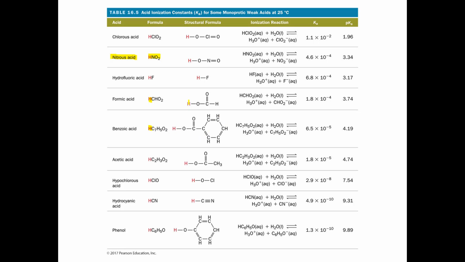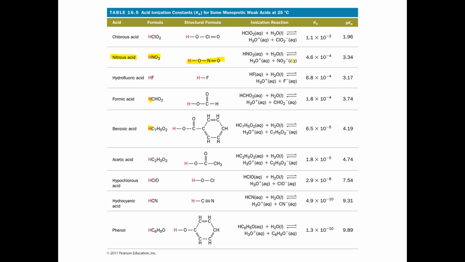However, there's only one, and later on we'll see maybe 2 or 3 that will actually ionize. I already jumped ahead, but as you can see over here on the next column, they give you the formula of the acid, and you can see where that hydrogen is. That's acidic. So this would classify as an oxy acid or oxo acid.